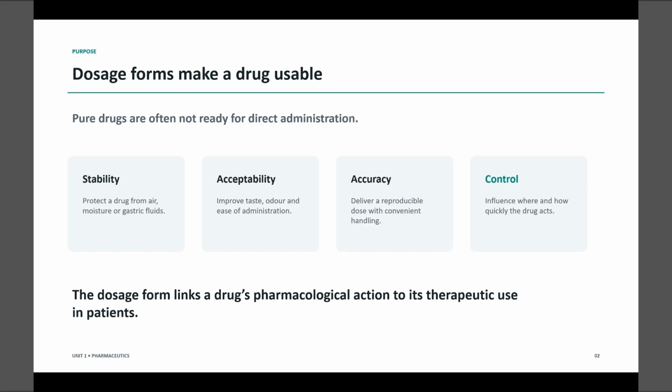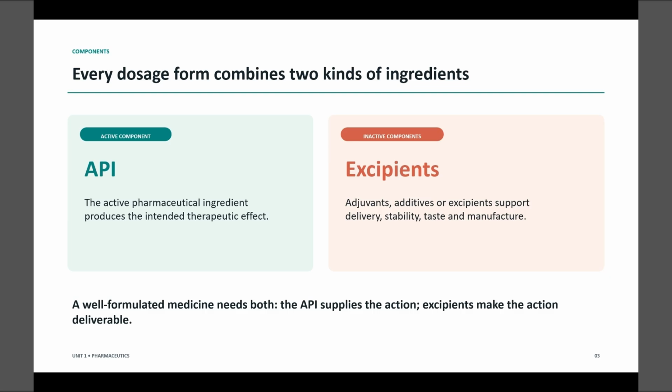Now we are going to discuss the different components, the main ingredients present in every dosage form. One important component is the API, that is, the active pharmaceutical ingredient. The API produces the intended therapeutic effect.